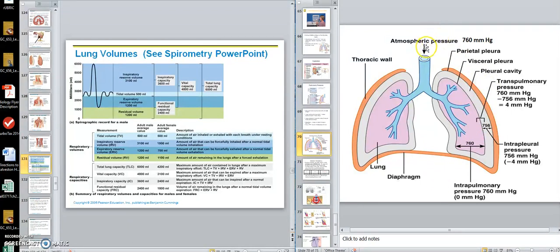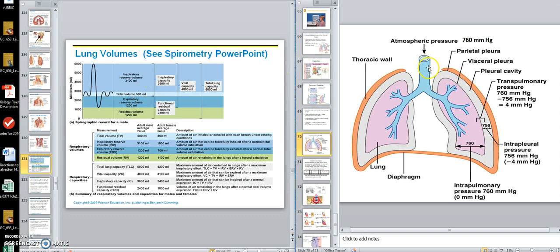When that occurs, you first go to 754. When you went to 754, you went to 758. When you went to 758, you were less than this, and you brought 500 cc's in. Why? Because that's the compliance of the lung, the average stretch of the lung. That's your tidal volume, let's say.